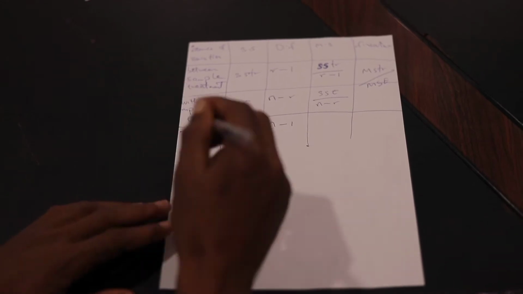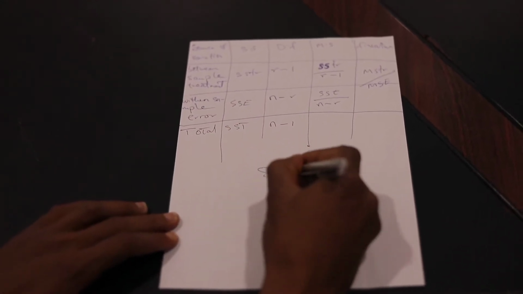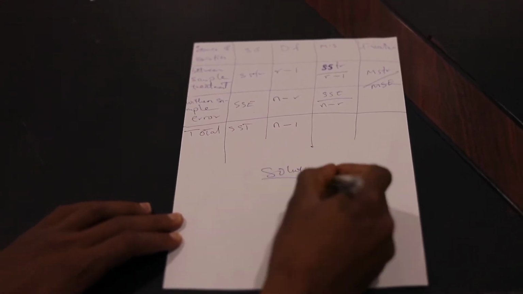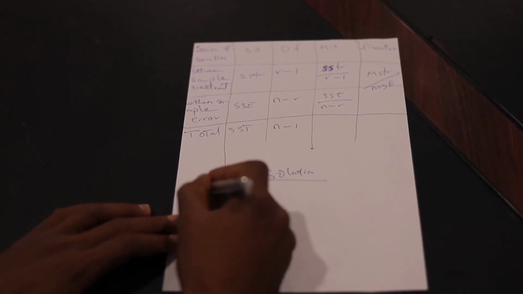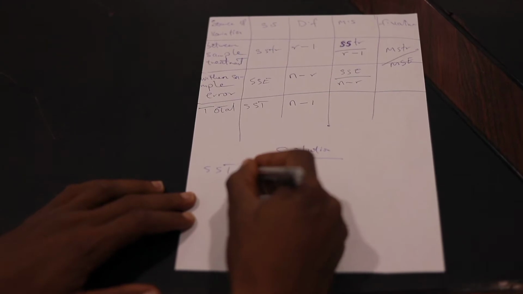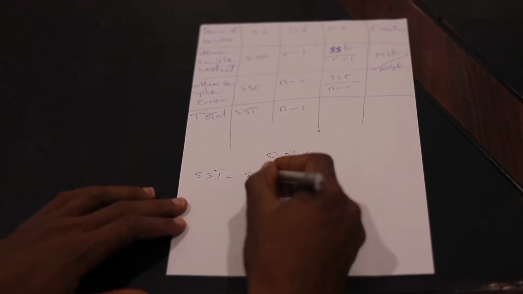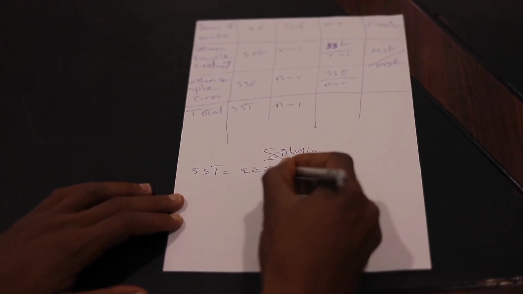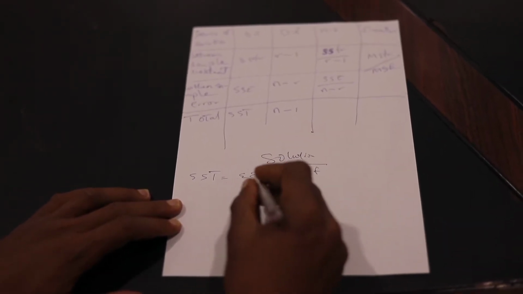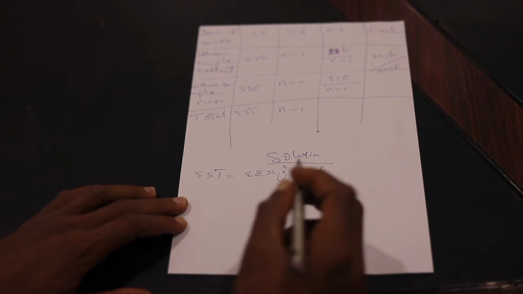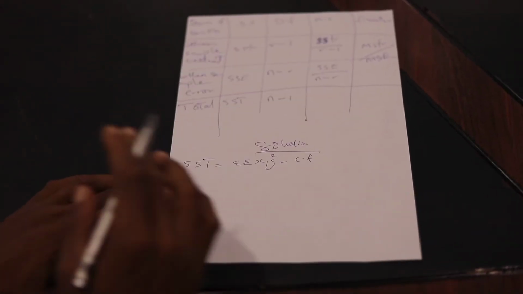Solution. Calculating for the sum of squares total. Now, SST is equal to the summation of x raised to power 2 minus the common factor. Now, for the summation of x squared, I said the summation of all those numbers in the row.